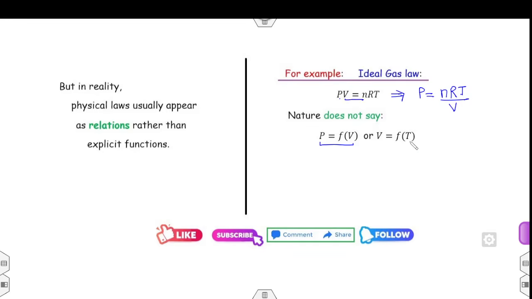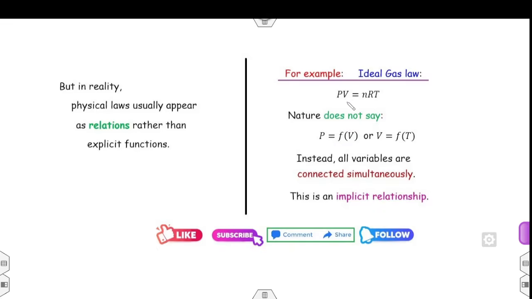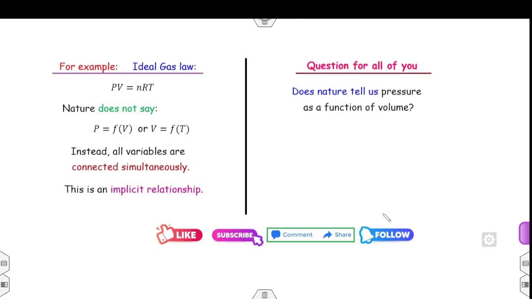That is not true, because in nature all these variables P, V, n, R, T are interdependent on each other. Therefore, your equation is my implicit relation. Fine. Make sure, students, can you say pressure is a function of volume from this equation?